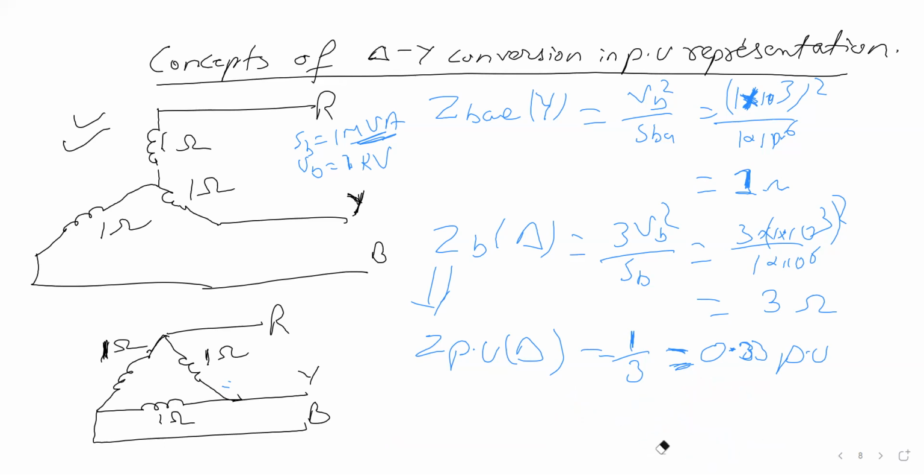We'll also calculate for the Y. We'll write over here 1 ohm. We'll erase this segment. This is for delta. For Z per unit for star, this was 1.